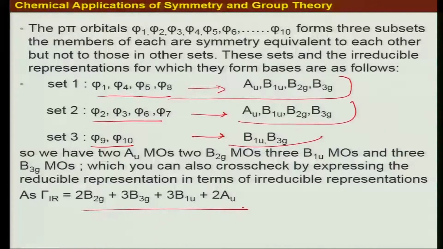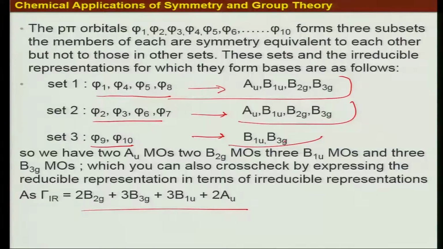Okay, so what you have here is a total of 2 orbitals with AU symmetry, 3 orbitals with B1U symmetry, 2 orbitals with B2G, and 3 orbitals with B3G symmetry.